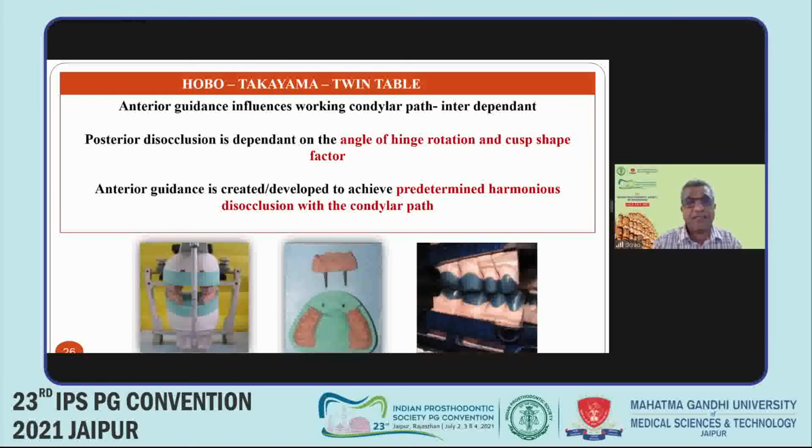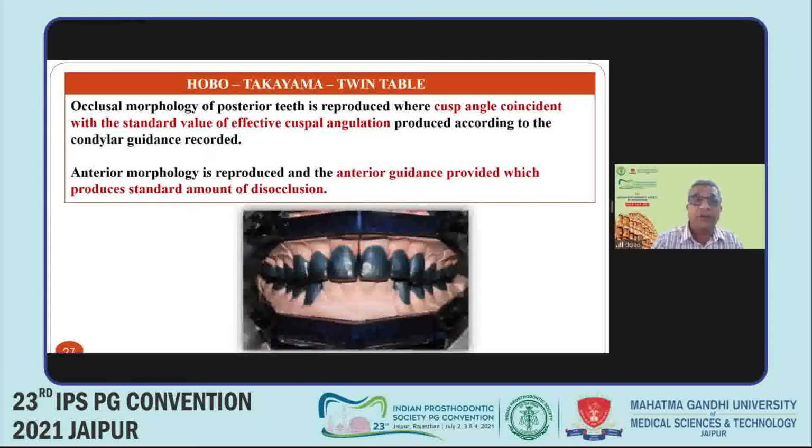Right now you should just understand the basics: anterior guidance and the condylar path are interdependent, dependent on the angle of hinge rotation and the cusp angle factors. So these are the controlling factors which you call disocclusion, and the anterior morphology and anterior guidance are provided within a standard amount of disocclusion.